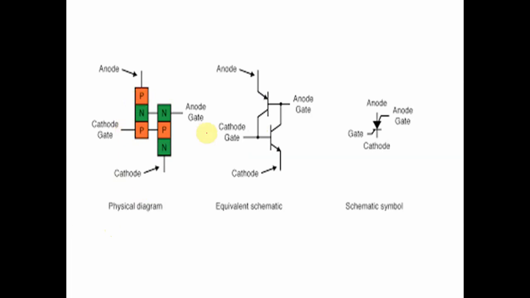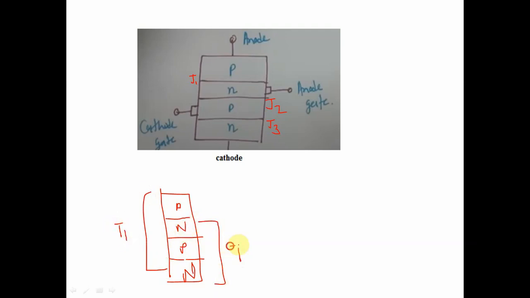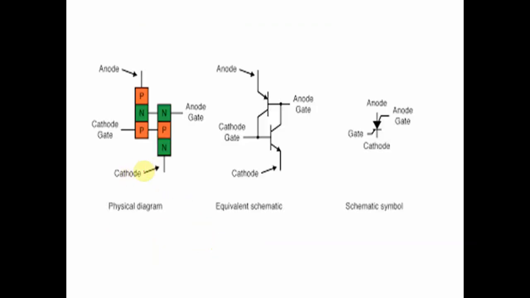If this PNPN device is divided into three parts such as P, N, P, N, there are two slots. This is the T1 transistor and this one is the T2 transistor. The T1 transistor is the PNP transistor and the T2 transistor is the NPN transistor.